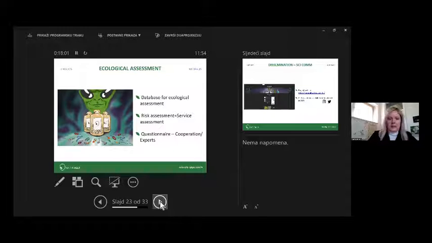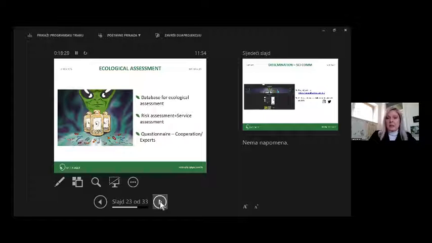As we already said, invasive alien plant species can be serious environmental threats, but they also can provide some benefits. In our project, we will perform a comprehensive ecological assessment of both positive and negative effects of our investigated species. For this purpose, we created a questionnaire that will comprise both risk assessment and service assessment questions.